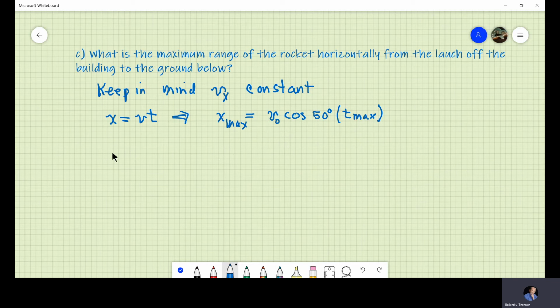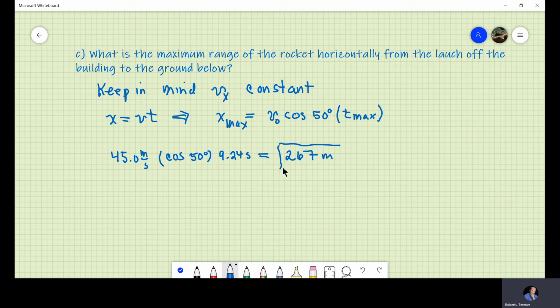So this is 45.0 meters per second times the cosine 50 degrees, and this is times the time, which we got in the last part, 9.24, part A. Okay, so multiplying this out, we get 267 meters.